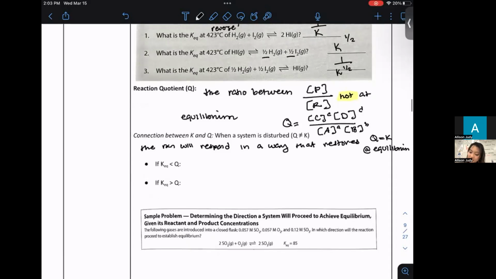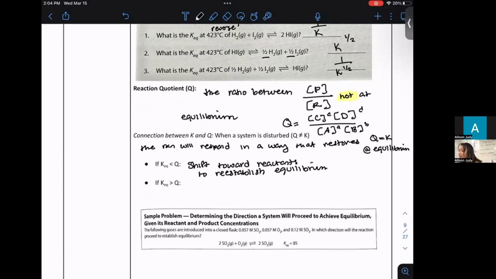So if K is less than Q, that means the reaction will shift toward reactants to reestablish equilibrium. And the opposite is true.